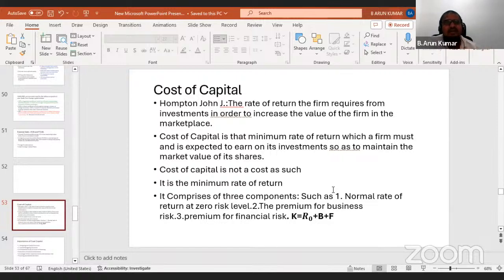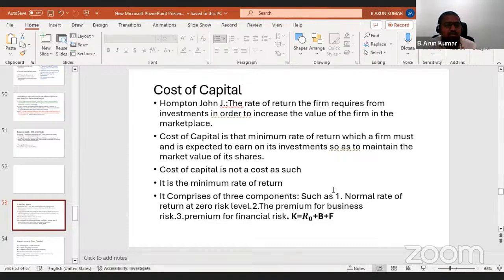The cost of capital, according to Hampton John, is defined as the rate of return the firm requires from its investments in order to increase the value of the firm in the marketplace. So cost of capital is that minimum rate of return the firm requires from investments.